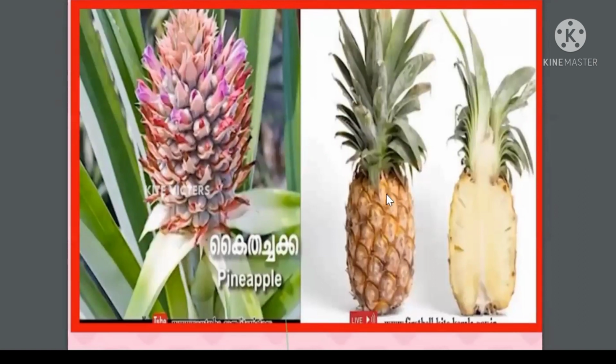Can you now say what type of fruit this is? Last class we learned simple fruit and aggregate fruit. What type of fruit is this? Can you name it? Just think about that.